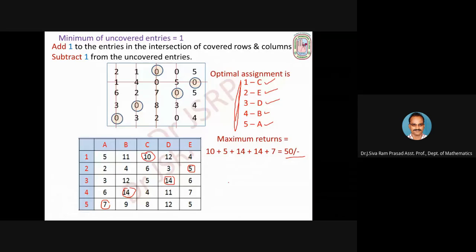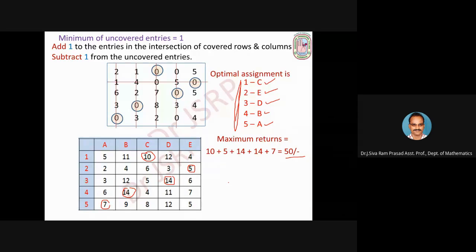By default the assignment problem is a minimization problem, but in some cases the entries of the matrix are returns or profits, so the problem is a maximization problem. You have to convert it into a minimization problem. For that we consider the negatives of each entry.